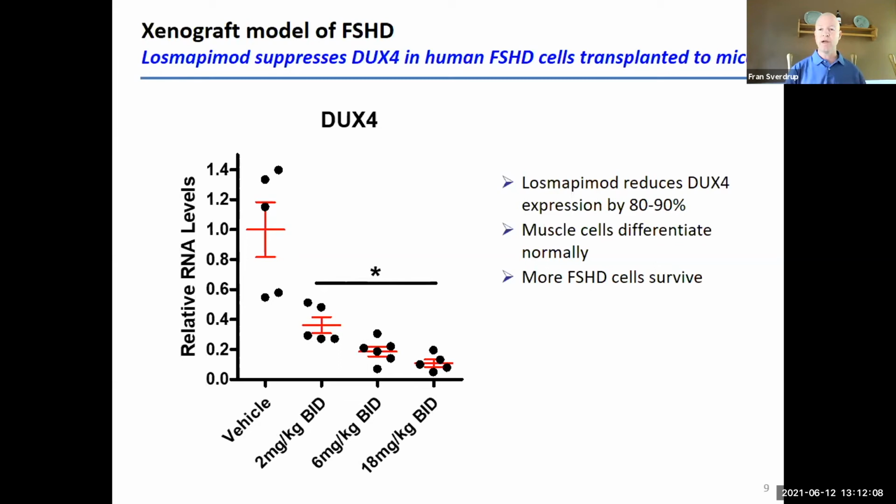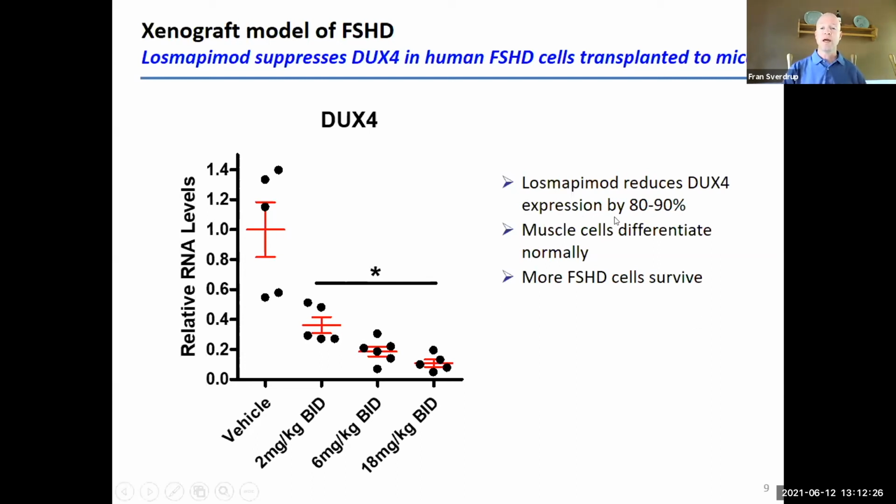So how does that translate to humans? We're not sure how much suppression of DUX4 you need. I'm not sure. That's the $1 million question, and these sort of questions need to be answered in a clinical trial.